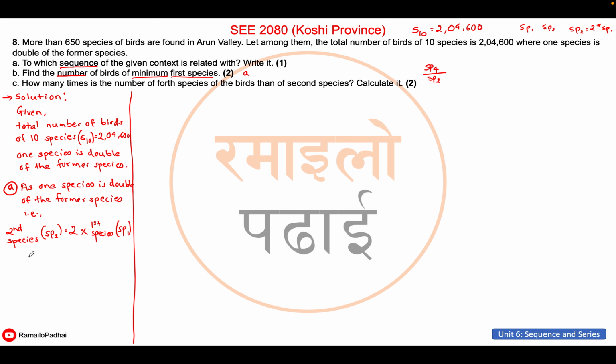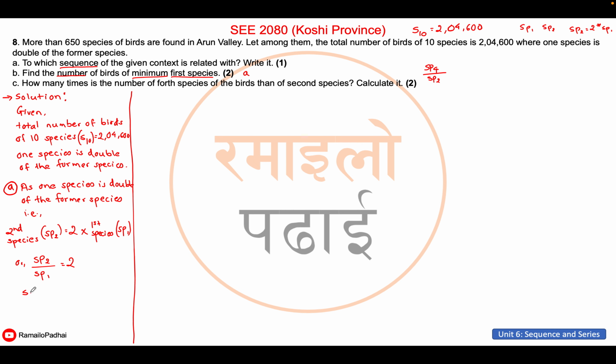The given context is related to geometric sequence because it is multiplied, or we can also write sp2 upon sp1 is equal to 2. Here the ratio is given instead of difference, so the sequence is geometric sequence, as I have explained to you in the concept video.